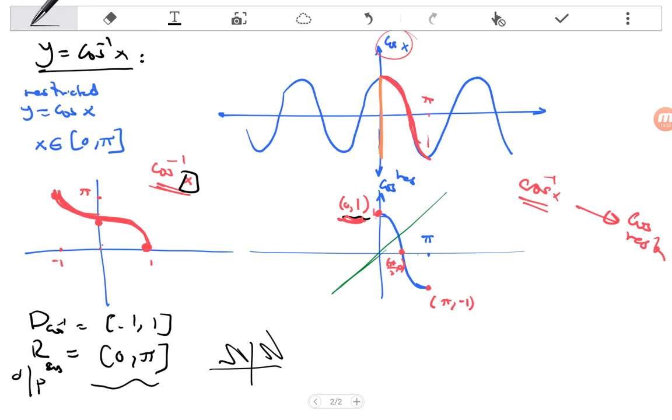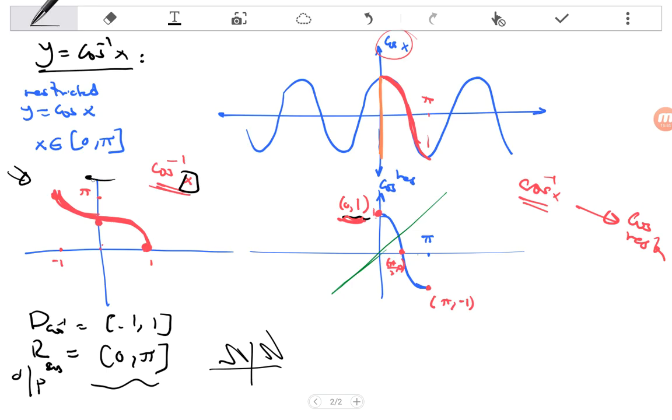What about the symmetry of this function? Is it an even function or an odd function or a general function? Look at this graph. Is it an even function?